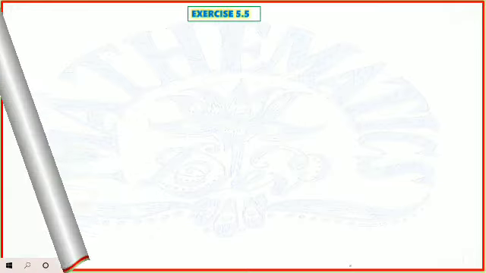Now we move towards the next exercise, that is exercise number 5.5. Before we start here, I would like to mention some things. In this exercise, almost 99% of the questions are very important.